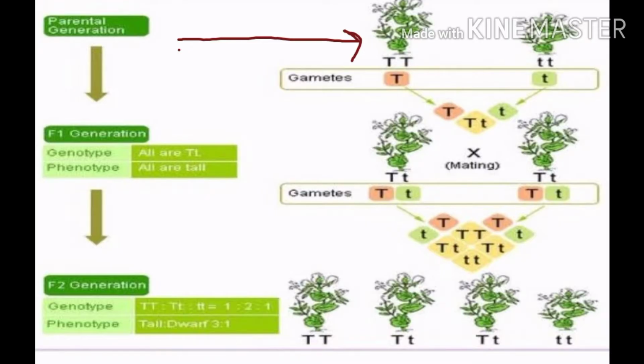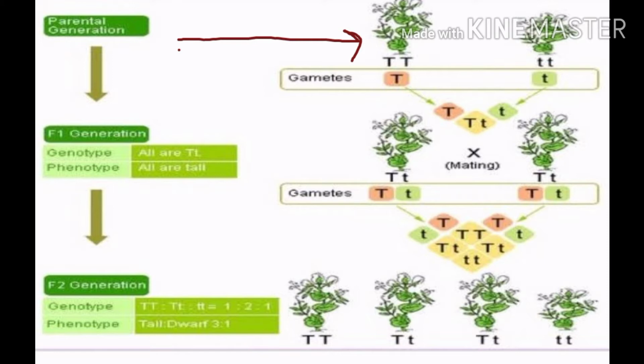Mendel started with pure breed plants and they were called the parental generation or P generation. And their pure breeds were the tall pea plant and the short pea plant, as you can see in this figure. Mendel did a monohybrid cross.